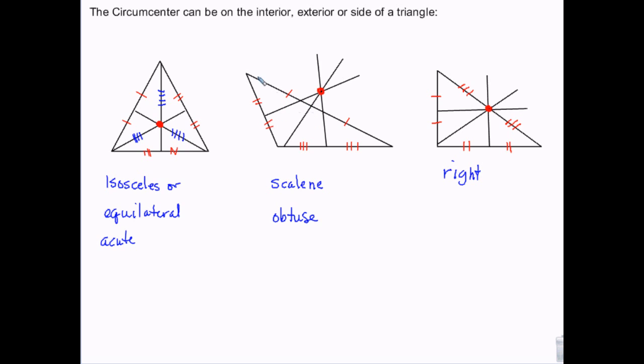Over here, we would actually have to draw lines, but this distance would be the same as this distance would be the same as this distance. Okay. And then on this one, this distance is the same as this distance is the same as this distance. Okay, so this point is always the same distance from the points of the triangle.